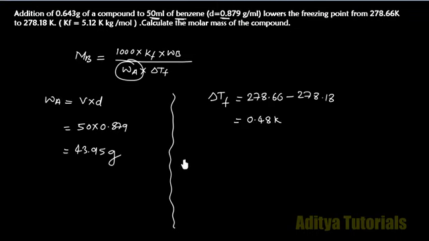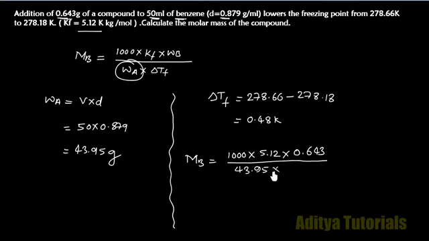Now move to this formula: MB is equal to 1000 into the KF value, which is given, 5.12, and that again multiplied by WB, the mass of the solute, that is 0.643, and that again divided by WA. We calculate WA, that is 43.95 grams, and that should be multiplied by delta TF, which we calculated here, 0.48.